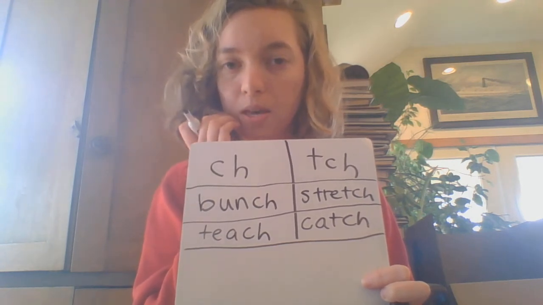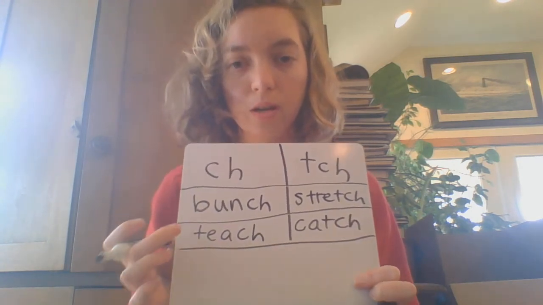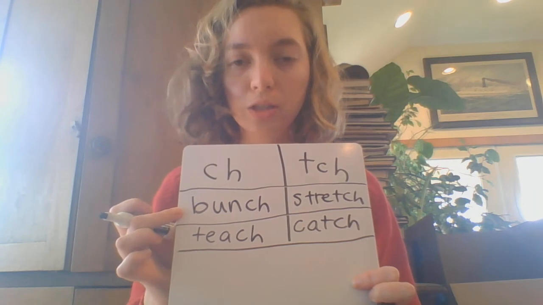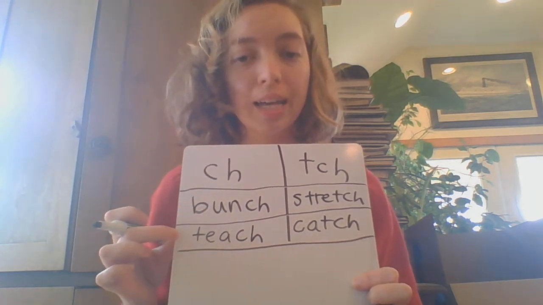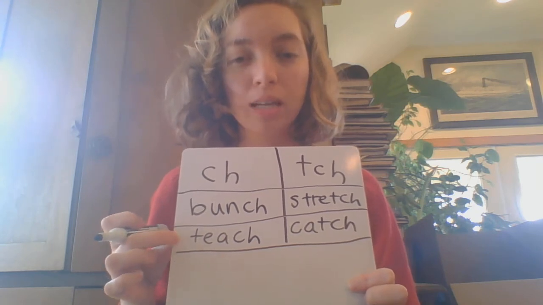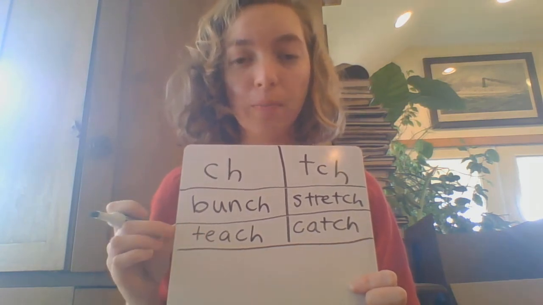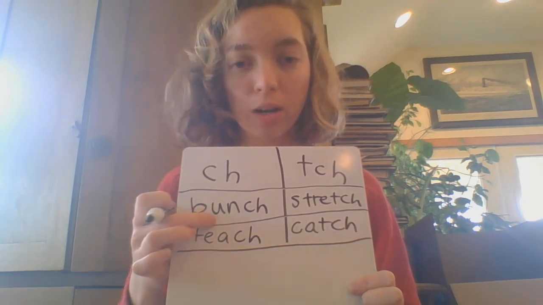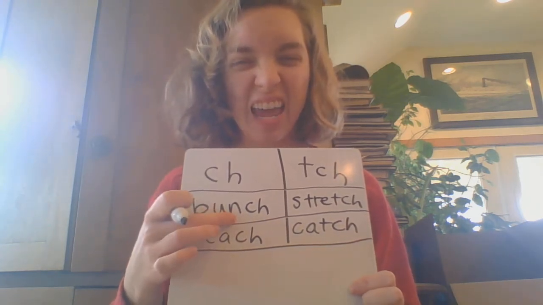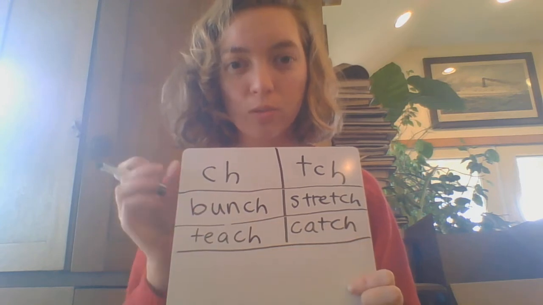Let's look at the middle sound of each of these words. In bunch, the middle sound is un. In teach, the middle sound is e. This is a long sound, and this word has a blend in it. It has that N there to change the way the U sounds.